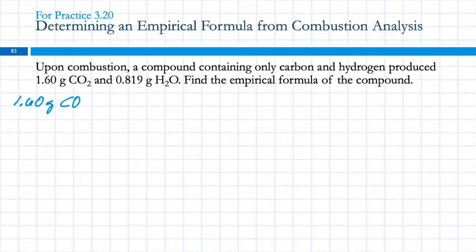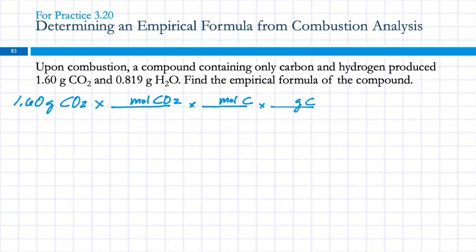So I'm going to take this 1.60 grams of CO2, and I want to find out the mass of carbon in that. So I can go from mass of this compound to moles of the compound. And then using the information in the formula, I can figure out moles of carbon. And then I could go to mass of carbon.